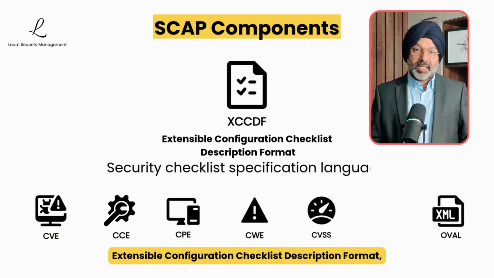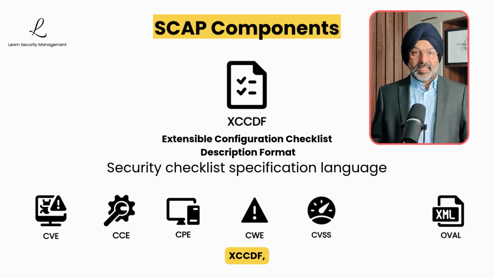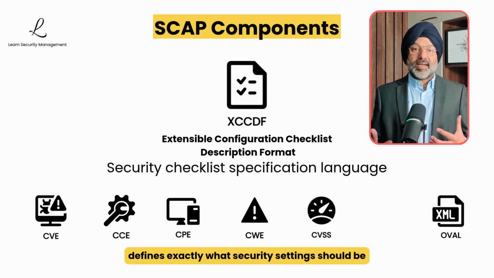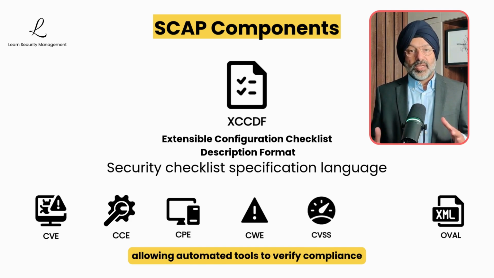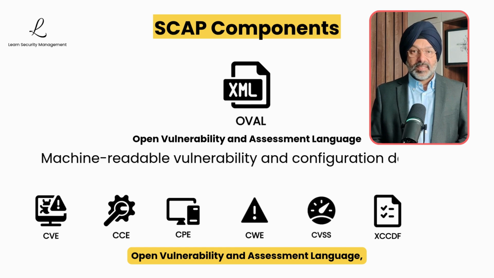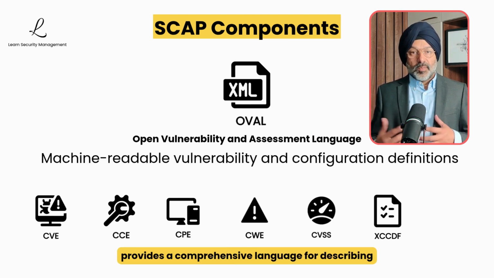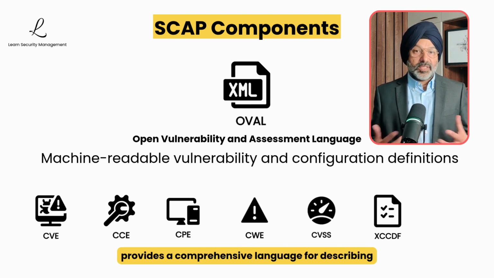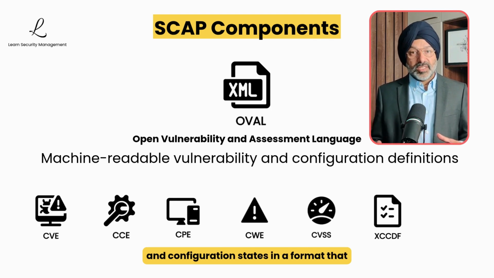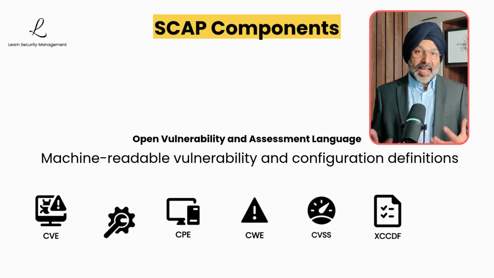Extensible Configuration Checklist Description Format (XCCDF) creates digital security checklists that define exactly what security settings should be configured on systems, allowing automated tools to verify compliance instead of requiring manual checks. Open Vulnerability and Assessment Language (OVAL) provides a comprehensive language for describing system characteristics, vulnerabilities, and configuration states in a format that automated tools can understand and act upon.